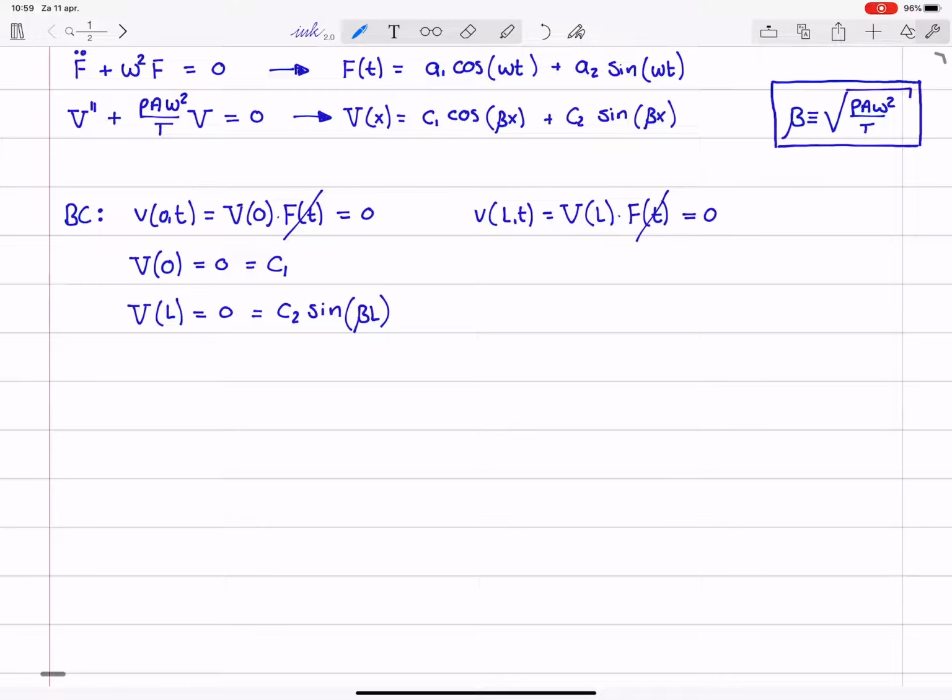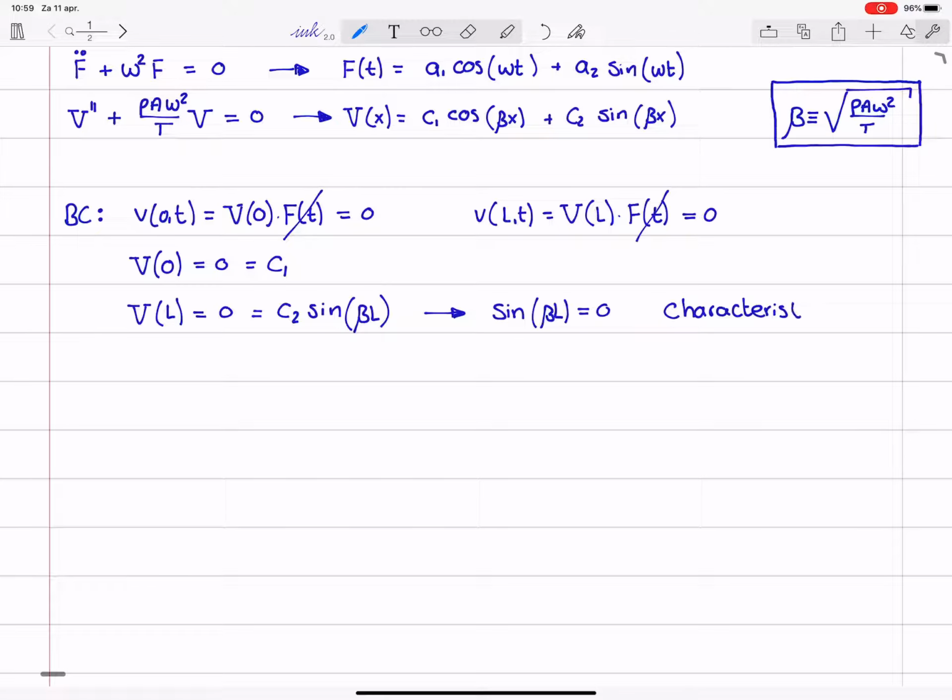So this is not very interesting. Then the string would be just at rest. So the only other option is that non-trivial solutions are obtained only if the sine of beta L is equal to 0.